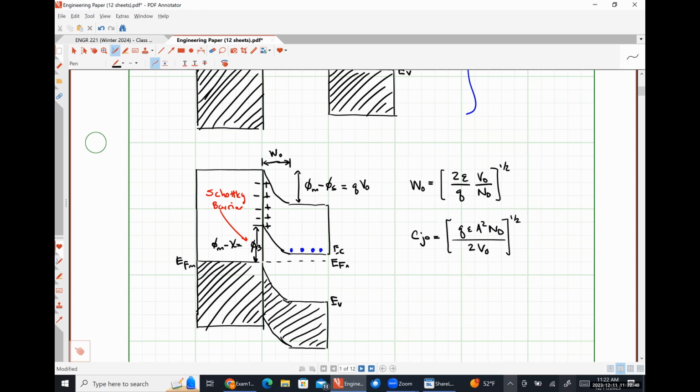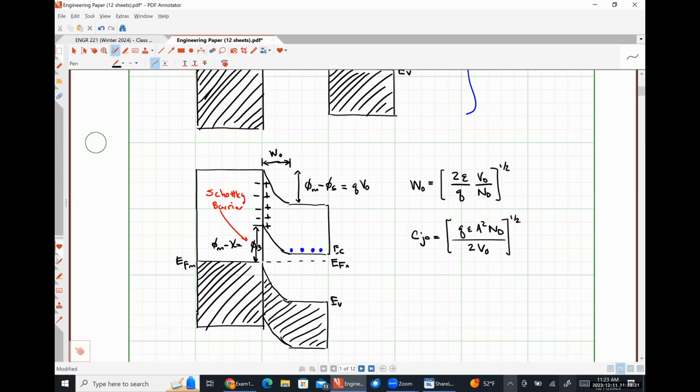All right, so when an external voltage is applied to a rectifying metal semiconductor junction, the polarity of the applied voltage can either increase or decrease the probability of majority carriers, electrons, diffusing from the semiconductor into the metal. So effectively, if we were to forward bias this junction, what would we expect the energy bands for the semiconductor to do?